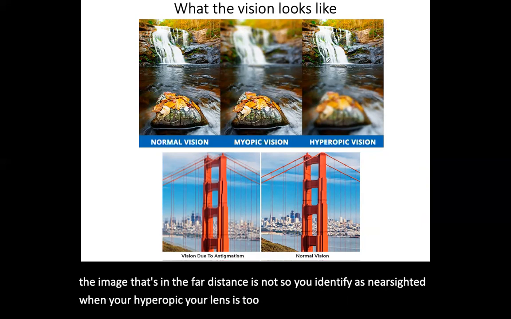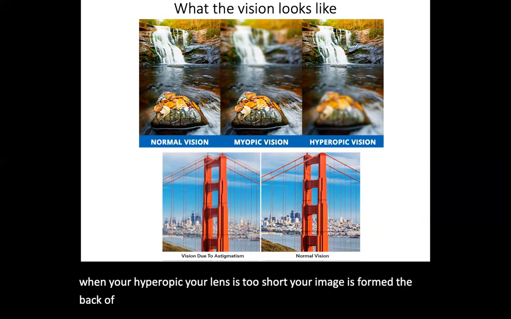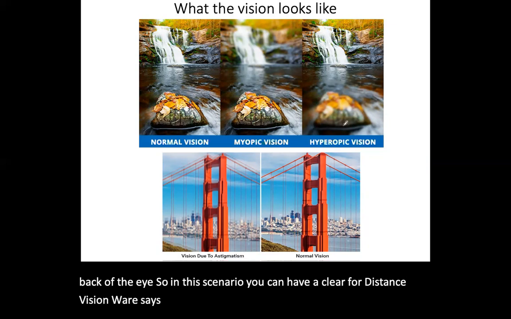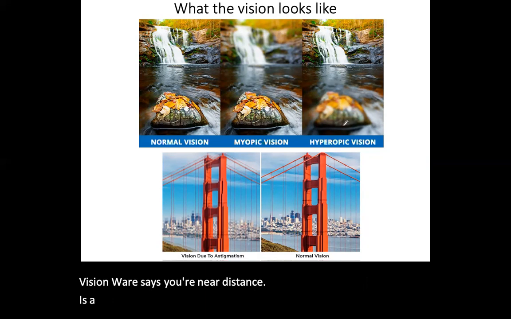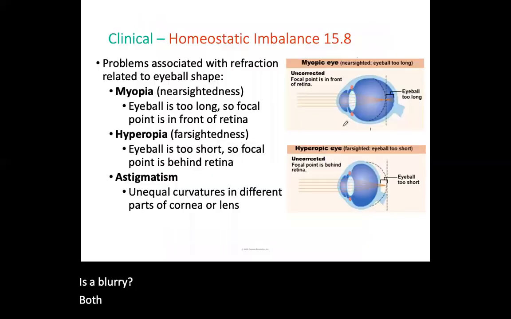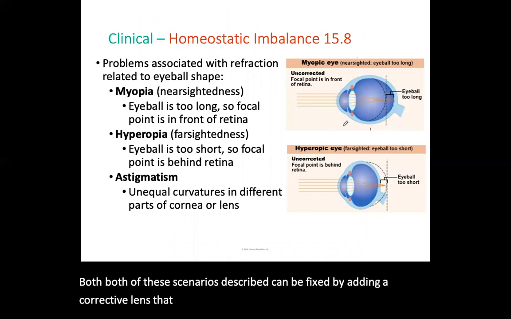Your image is formed at the back of the eye. So in this scenario, you can have clear far distance vision, while your near distance is blurry. Both of these scenarios can be fixed by adding a corrective lens that allows the light to focus on the actual portion, the retina.